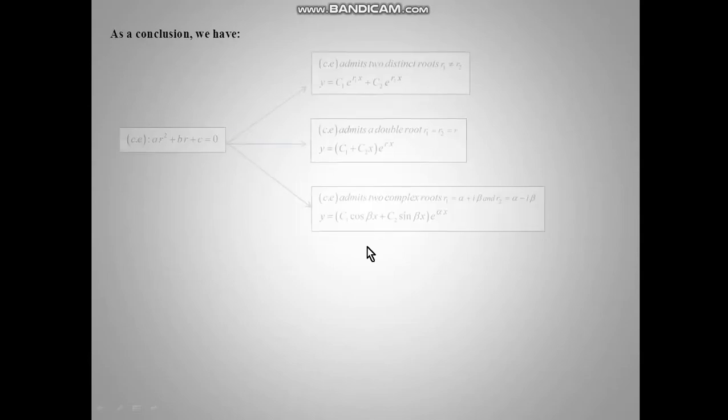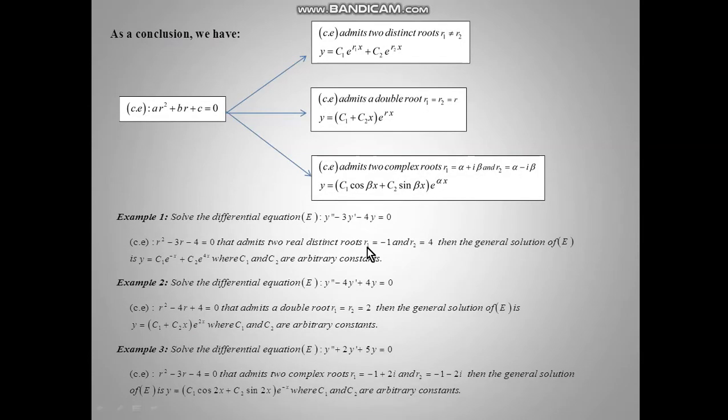In this case, this one here is alpha, and the positive imaginary part of the complex number we call beta, and the general solution will be c1 cosine 2x plus c2 sine 2x, times e to the alpha x.